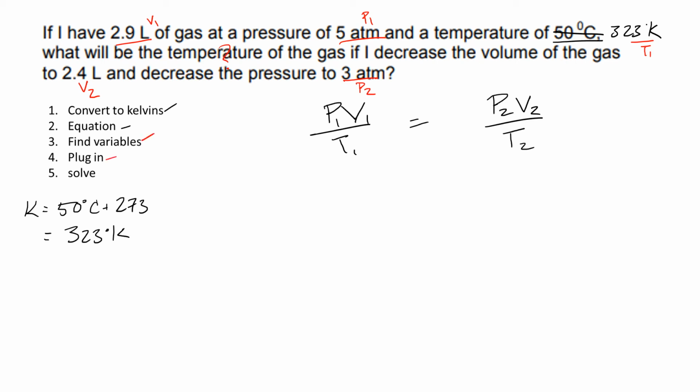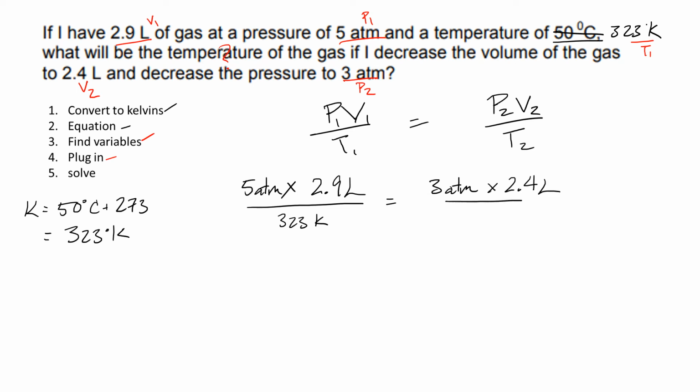Let's plug in. P1 is 5 atmospheres times V1. Our V1 is 2.9 liters, divided by T1. In this case, it's 323 kelvins, is equal to P2. Our P2 is 3 atmospheres, V2 is 2.4 liters over T2, which we don't know.